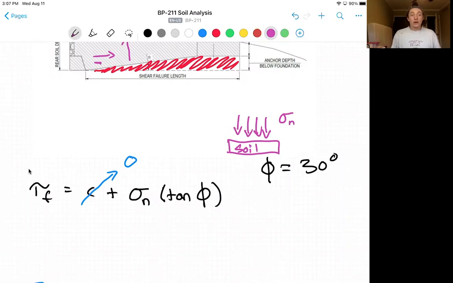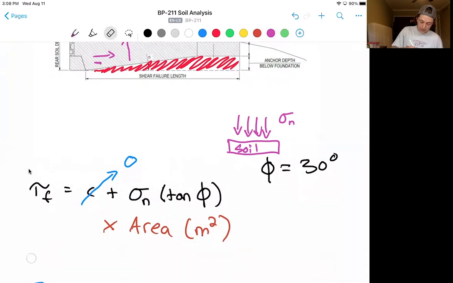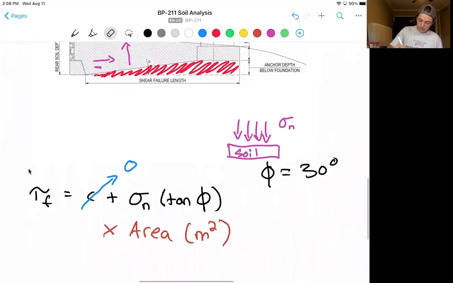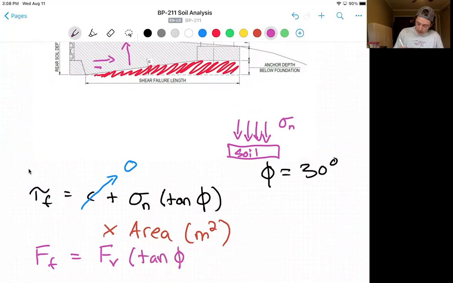For our purposes, because the soil is cohesionless, we can multiply both sides of the equation by unit area and find our shear strength in kilonewtons. So if we multiply by area, meter squared, we can get some force F, or some capacity of the soil, which is going to equal N times tan phi.